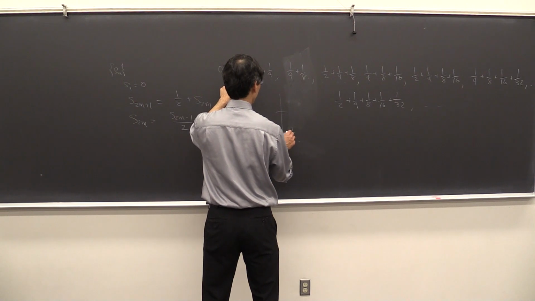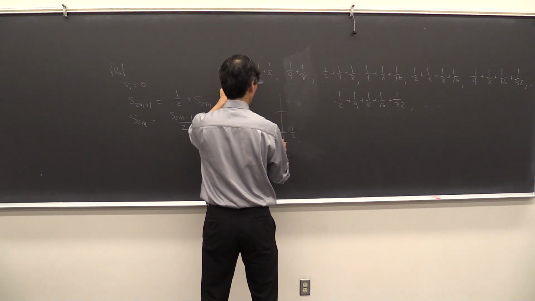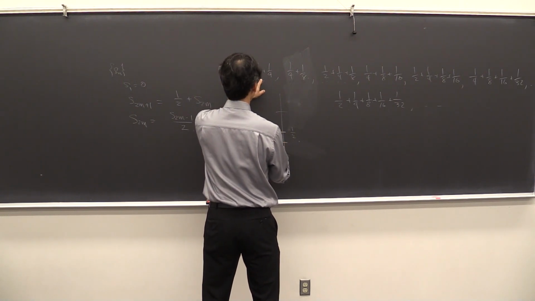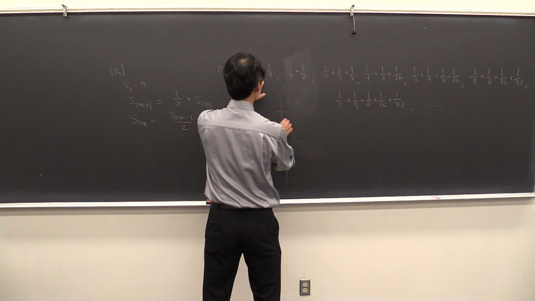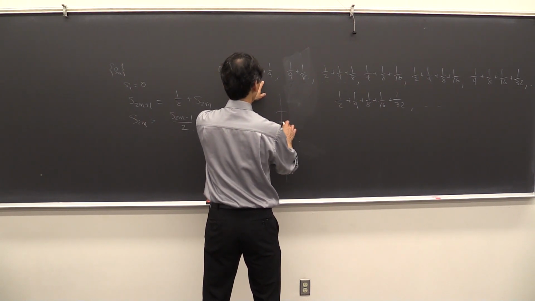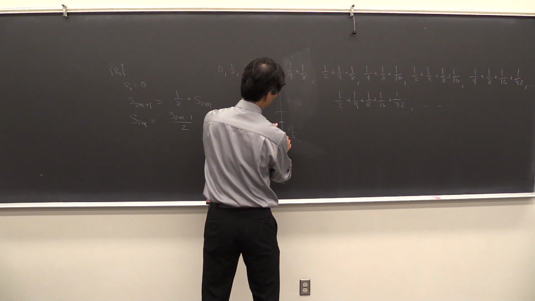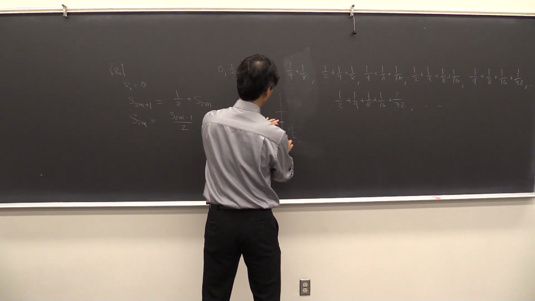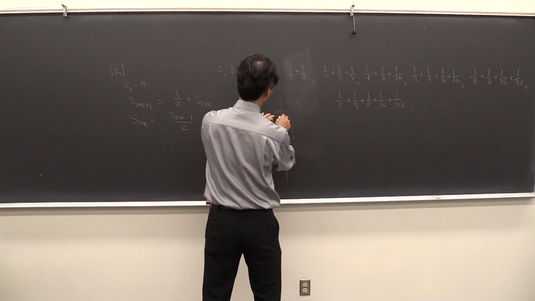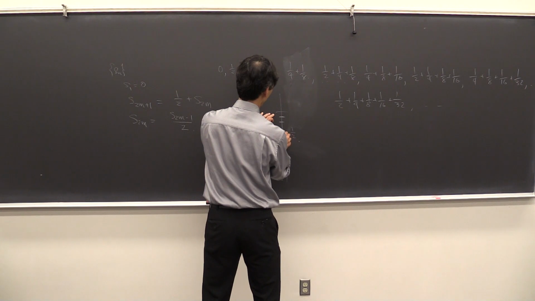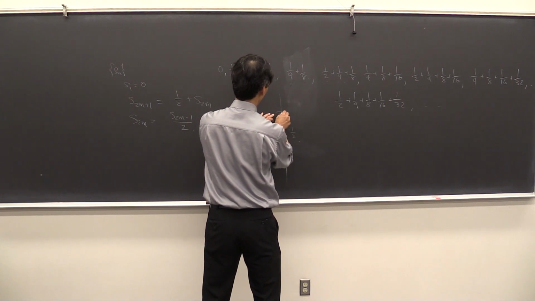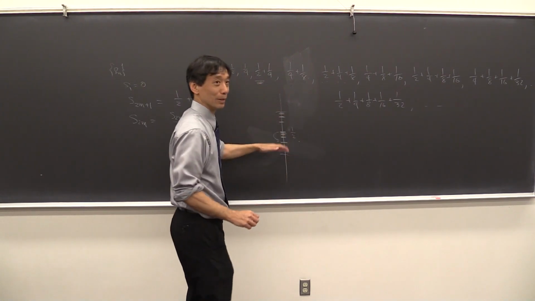You divide by 2, and then you add on a half to that, and then you divide by 2. Then you add on a half to that, you divide by 2. You add on a half to that, and you divide by 2, et cetera.